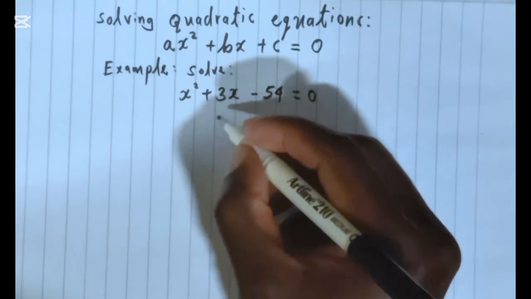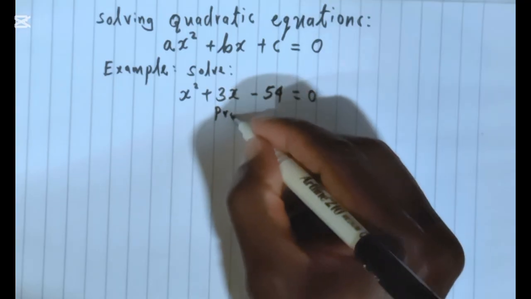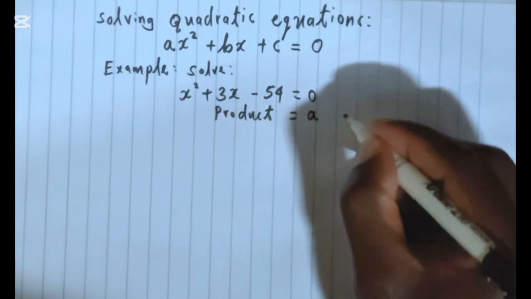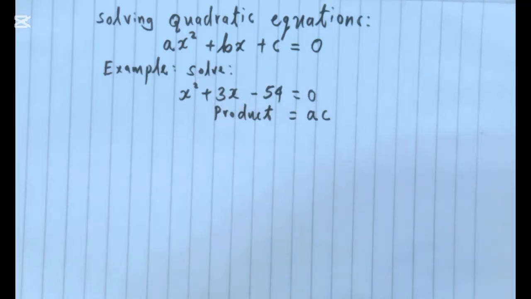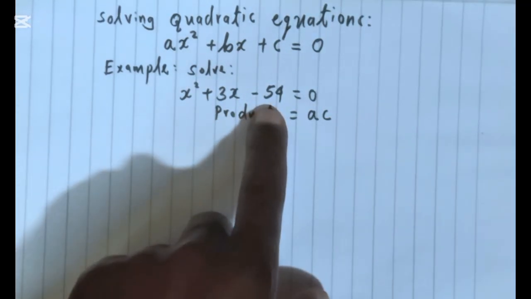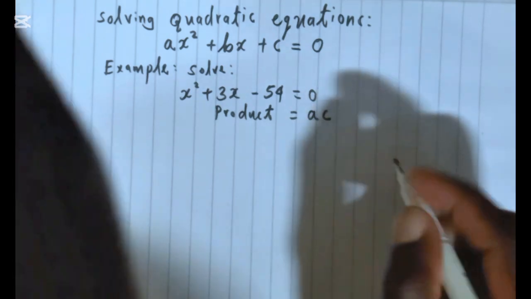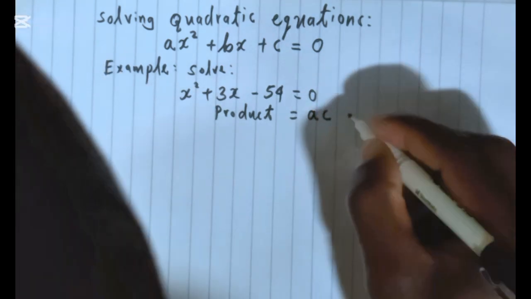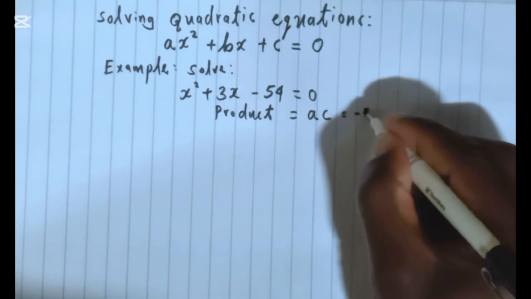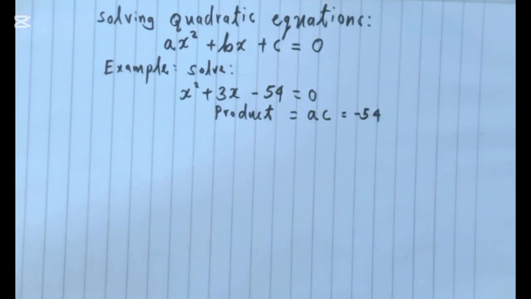With the factorization method, we said that you're always supposed to think of the product, and the product was supposed to be the product of AC. In this particular case, our A is 1 and our C is negative 54. So that's going to be 1 times negative 54 to give us negative 54.